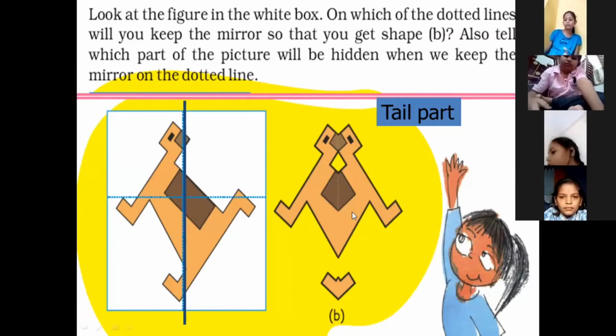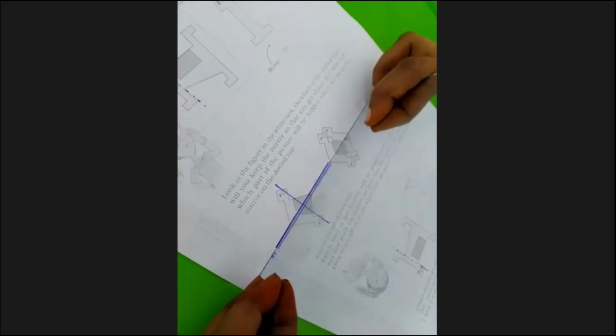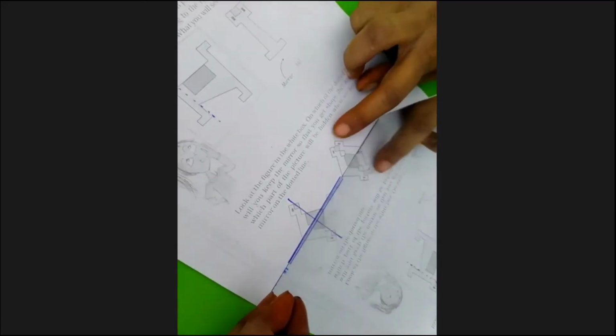Okay, so let us check. See here, first I am keeping the mirror on the horizontal line. Is it the same? This is the picture we have to get. Did we get the same picture? No. So now I am placing the mirror on the vertical line.